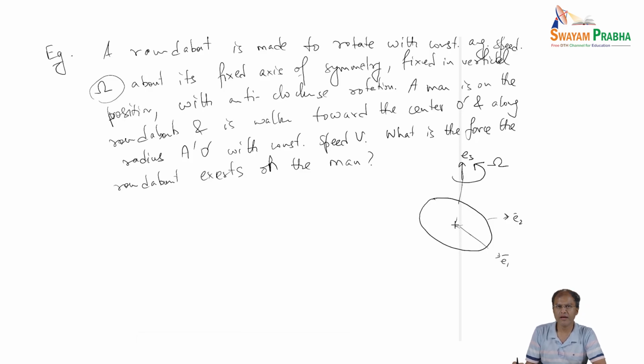And now we can have another frame of reference. Let us say the body fitted frame, which is E1 prime, E2 prime, E3. See, E3 is always fixed, whether you look at fixed frame or body fitted frame.